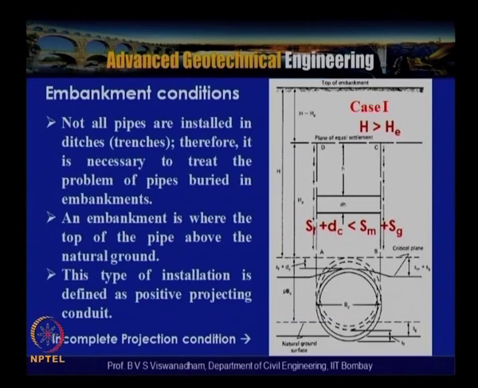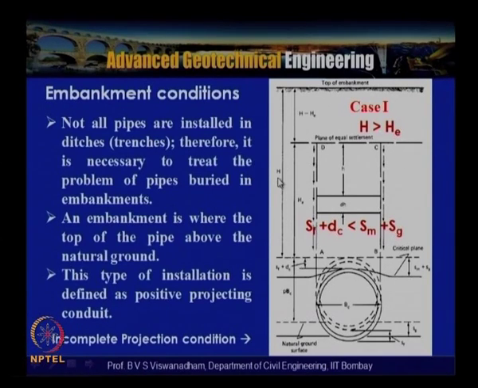Now, in this particular slide, case 1 is shown, where H is the height from the top of the embankment to the top of the pipe, and He is the height of the plane of equal settlement. So, this is the plane of equal settlement, this is the interior prism, and these are the exterior prisms on the left and right hand sides.